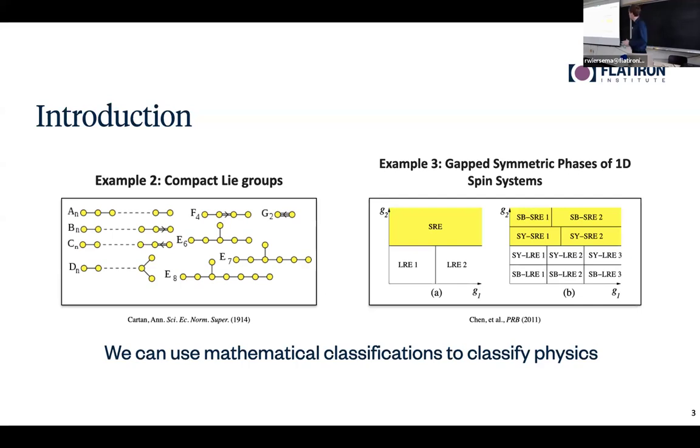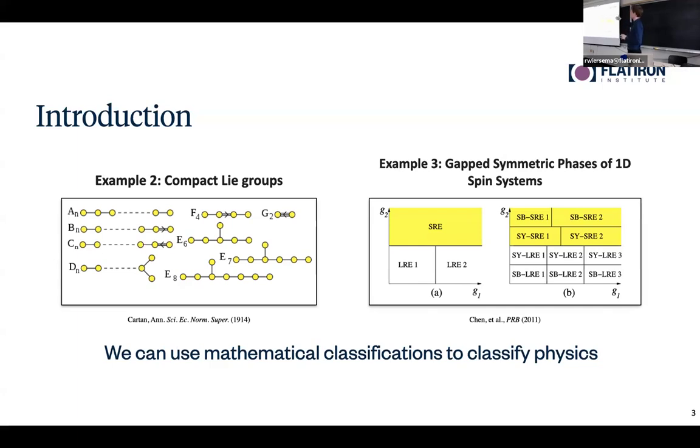What is very interesting about this is that, skipping forward 100 years, people were able to use these results to classify physics. This is a classification done in 2011 of all gapped symmetric phases of 1D spin systems, plus some other constraints.